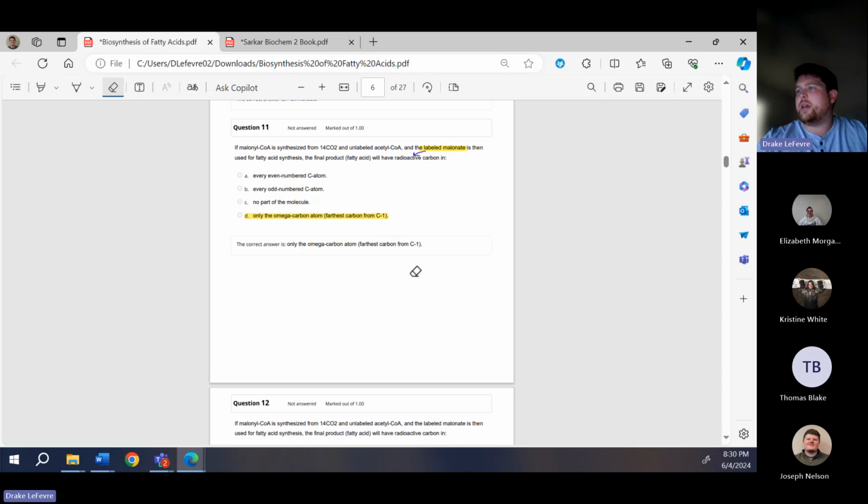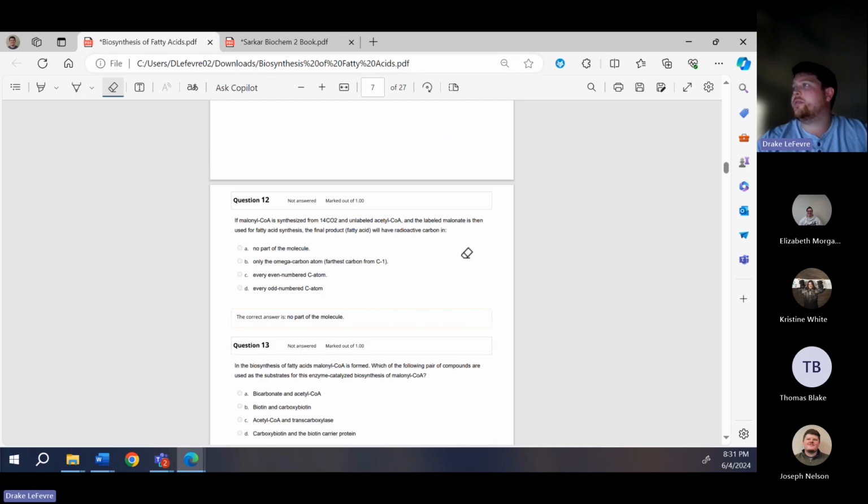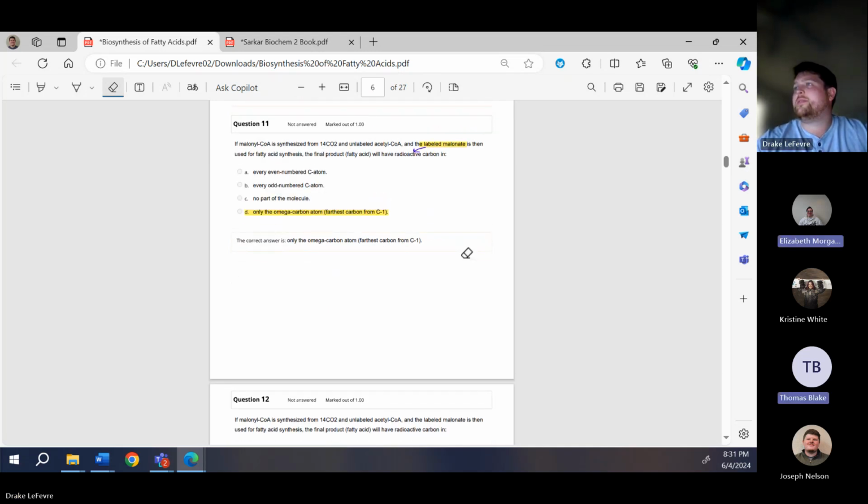If malonyl-CoA is synthesized from 14CO2 and unlabeled acetyl-CoA, and the labeled malonate is then used for fatty acid synthesis, the final product will have radioactive carbon in blank, and then it says no part of the molecule. Oh, what?